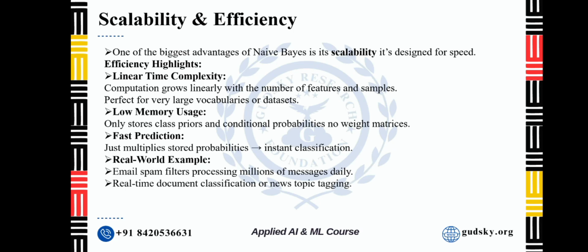Naive Bayes is ideal for real time analytics, streaming data, IoT and embedded systems. So if you ever need a quick, interpretable, and resource friendly model that delivers solid results, naive Bayes is an excellent choice.